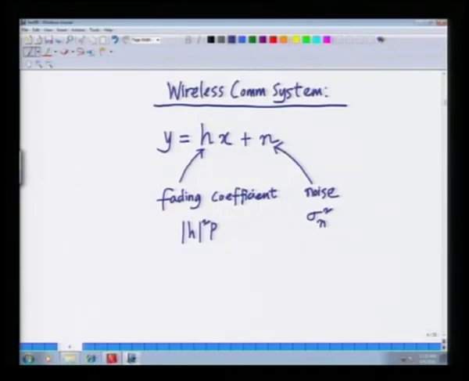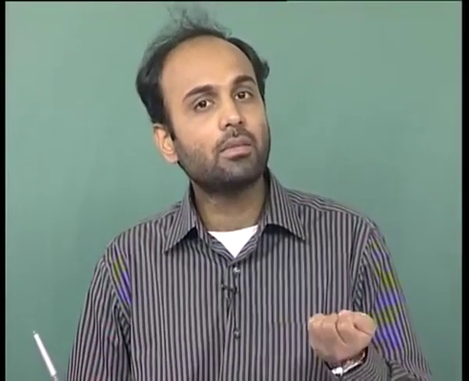Now, this channel can be said to be in a deep fade, or the destructive interference is very strong, when the destructive interference is such that the received signal power is lower than the noise power.